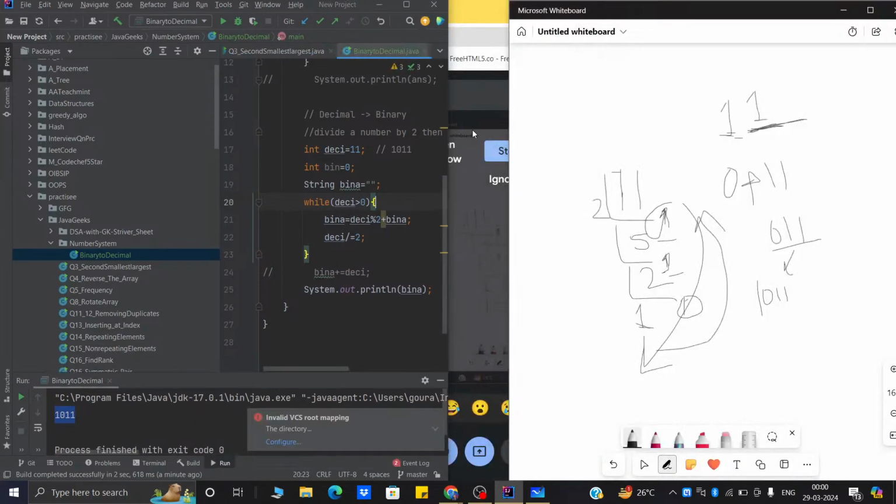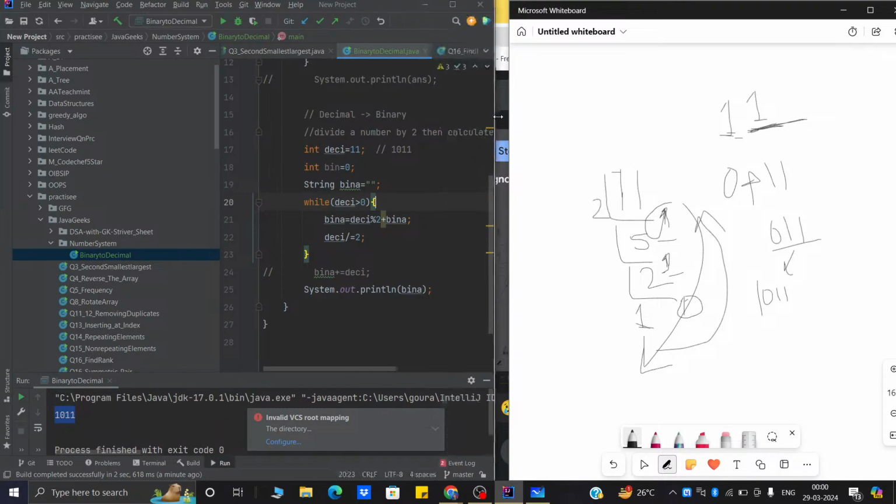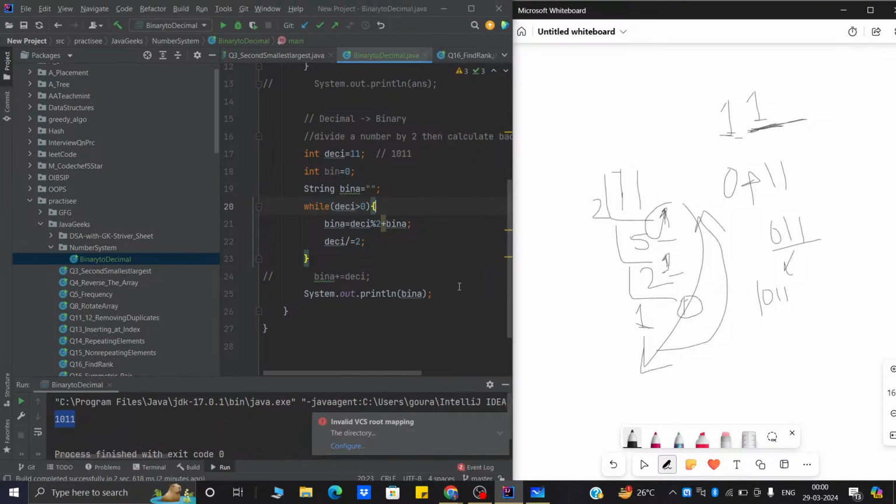Okay, so now the last problem is hexadecimal to binary. Hexadecimal to decimal, let's say. If these three are enough to solve all the questions like this. Hexadecimal to binary, decimal, sorry.